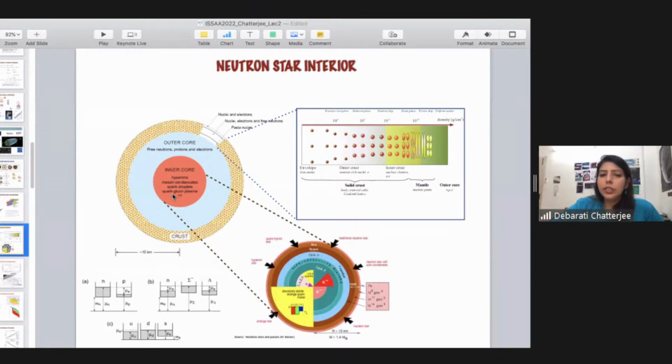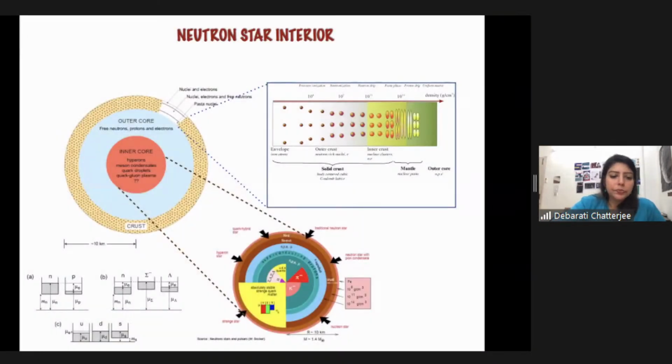The other reason is that you can also see in this bottom figure that there are these chemical potentials, and the balance of these chemical potentials determines what is a stable component of the neutron star interior. So in order to decay into another component, for example a lambda hyperon decaying into a proton, you will also need to have free energy levels of protons.